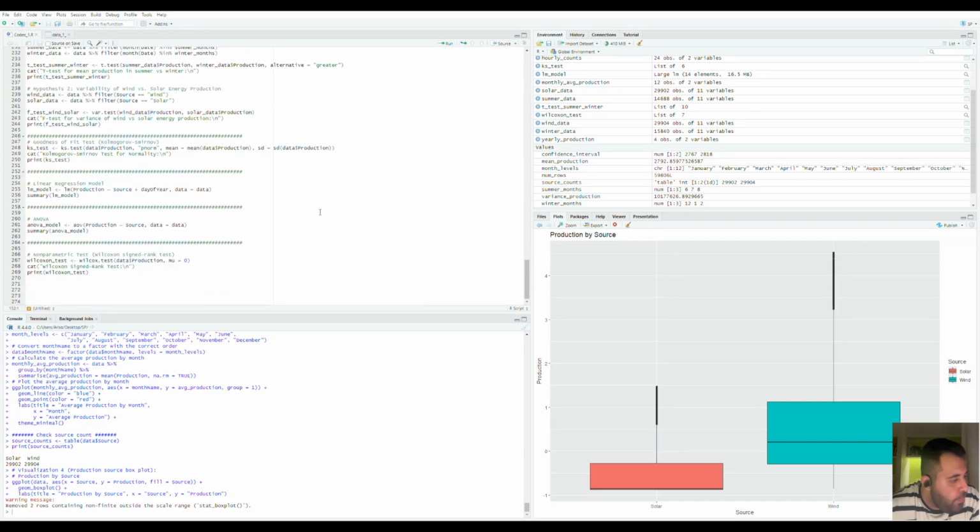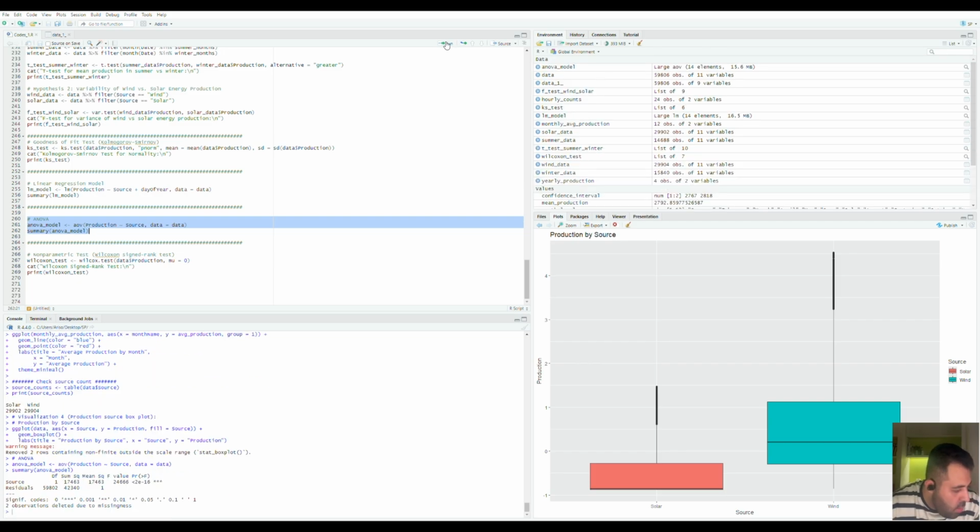So yeah, we finished the goodness of fit and the linear regression model, and now we are in the ANOVA section. Let me highlight it and then run it. Let's see, summary ANOVA model.